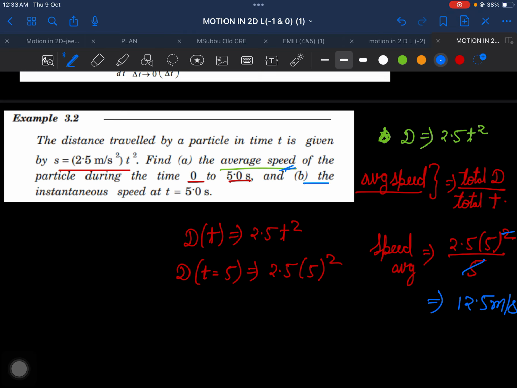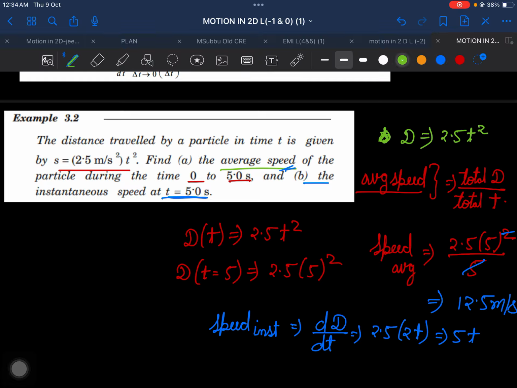Now B part, the instantaneous speed at t equals to 5 seconds. So for instantaneous, what you have to do? For instantaneous kind of thing, what do we have to do? We have to differentiate the distance, right? That's it. So if you differentiate this distance, you will get 2.5 into 2t. All right, just check. This is 5t over there.